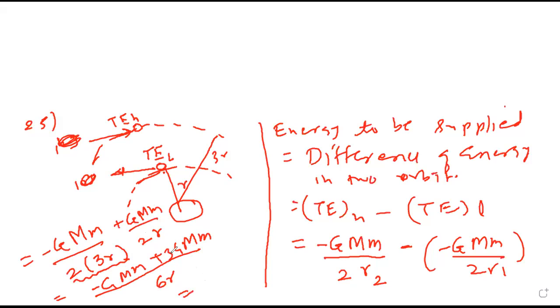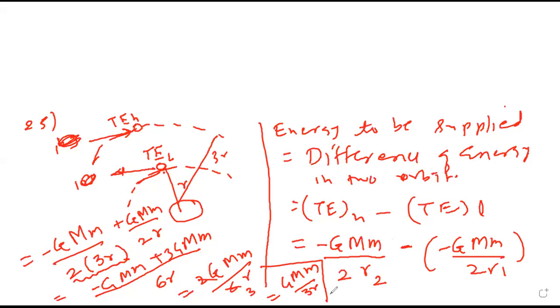So minus 1 plus 3 is 2 times GMm upon 6r, 2 into 3. So that means it is GMm upon 3r. Look at the options. GMm upon 3r is option C. Option C, correct.